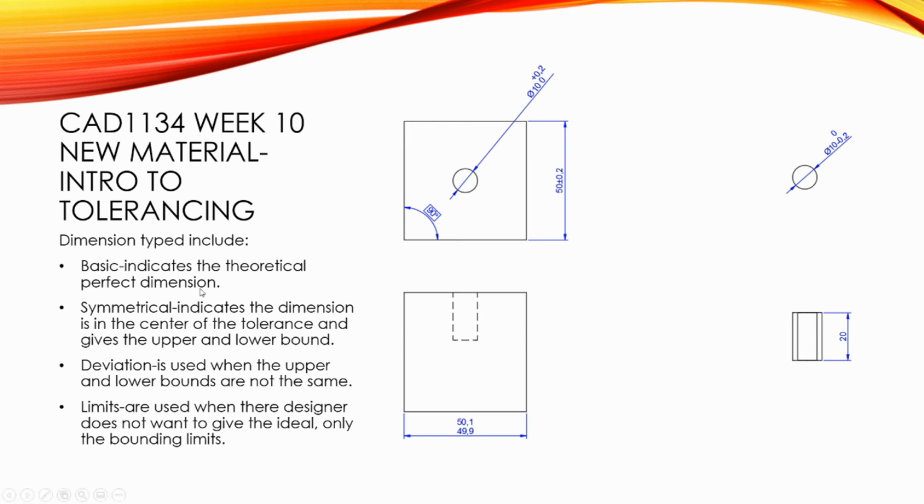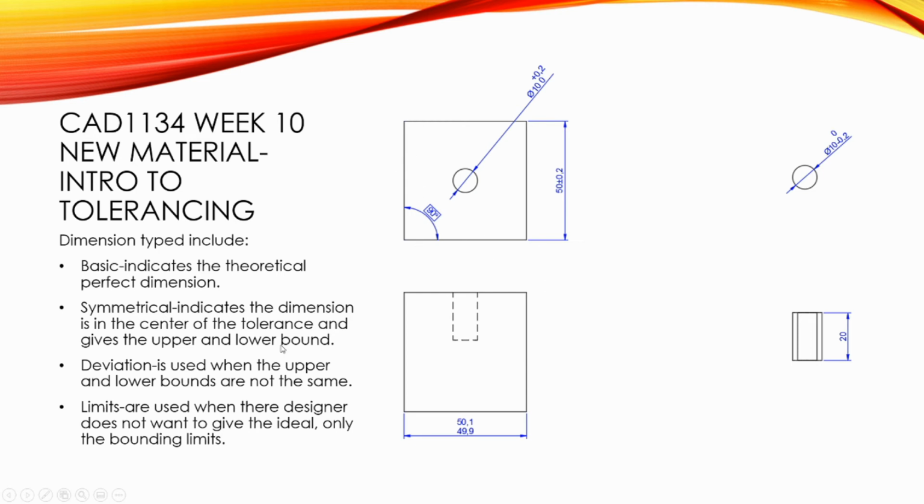So I'm going to give you my interpretation of what it means and why I use certain things in certain places. Okay, so let's start with basic dimension. Basic dimension is theoretically perfect, and a great example of that is this 90 degrees. I assume that we actually have a right angle.